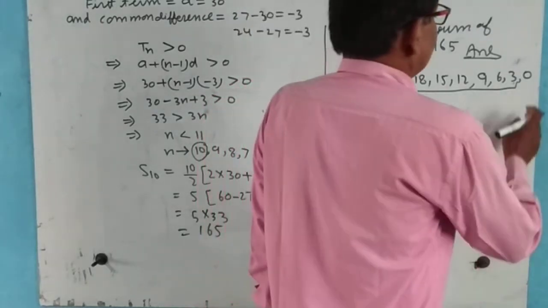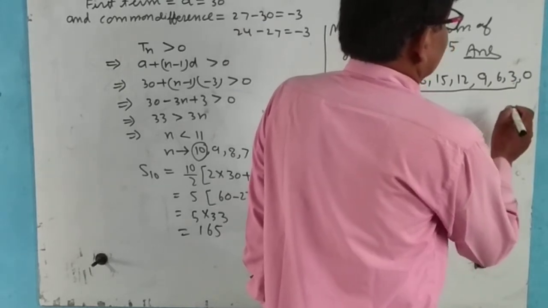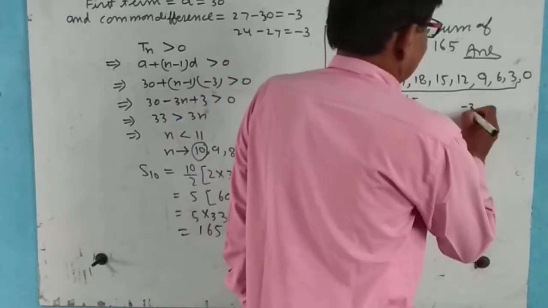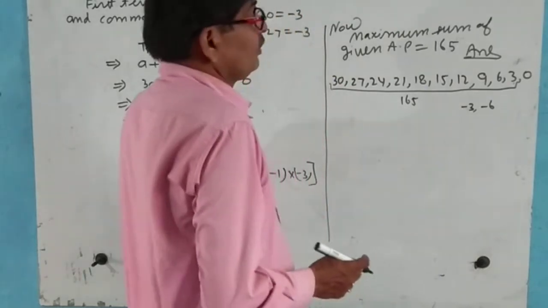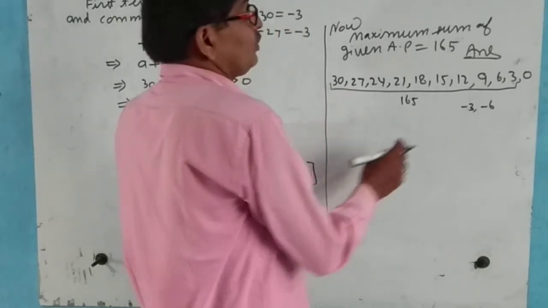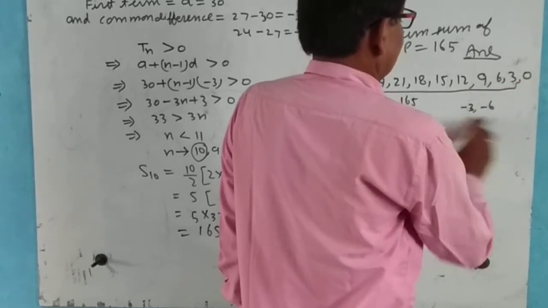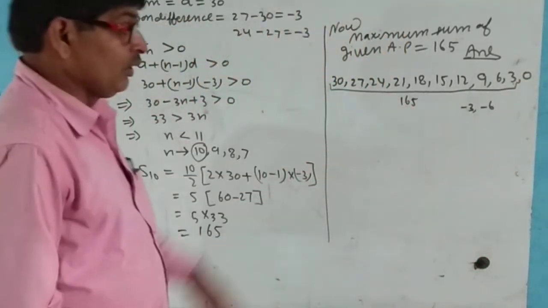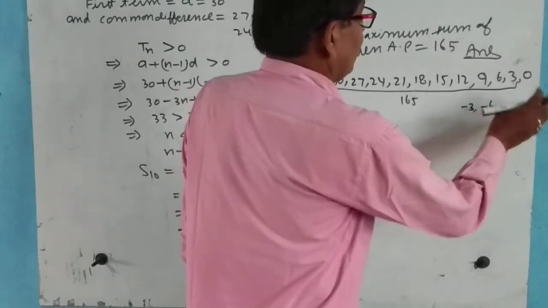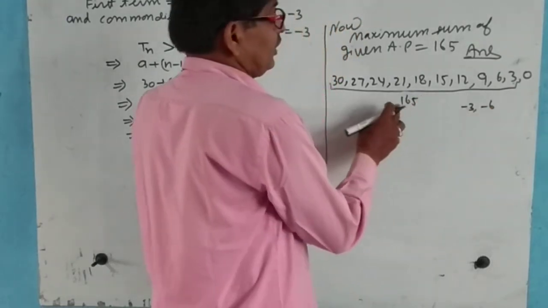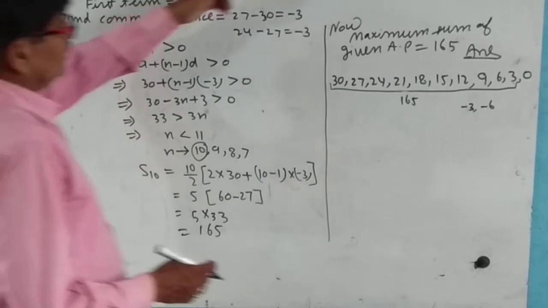And after that we get minus 3, minus 6, and if you move in the forward direction, the sums come less than 165, so the maximum sum of this series is this.